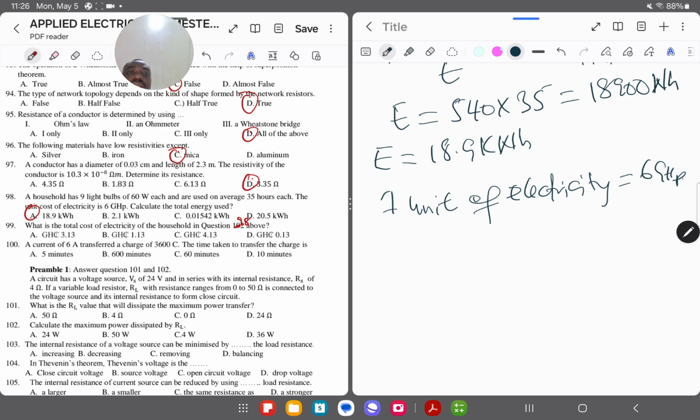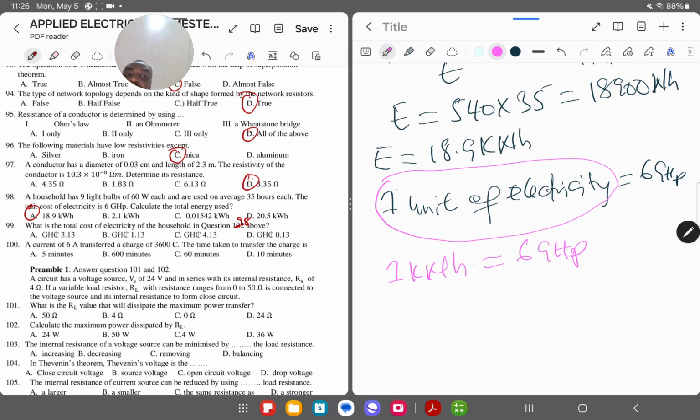When you talk about a unit of electricity, we are talking about 1 kilowatt hour. So 1 kilowatt hour of electricity consumed is going to cost 6 Ghana pesos.